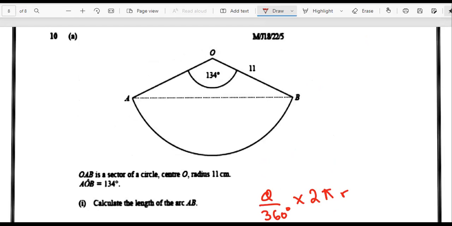So they are talking about this line basically, right? They want you to calculate this red line.